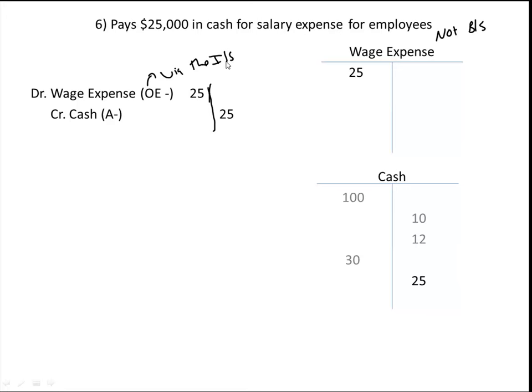We had 40,000 minus 25 is equal to 15 of net income. And so every expense that we incur is reducing owner's equity via the income statement, ultimately reducing how much goes into our retained earnings account when all is said and done. To record the payment of wages, and we move on.